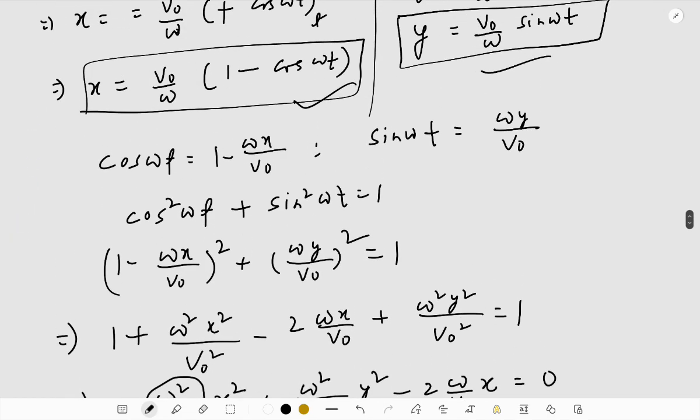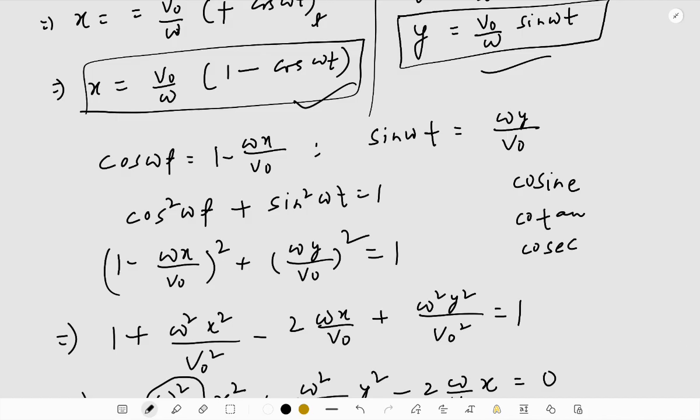In a uniform circular motion, the x component of the object is varying sinusoidally. Sine and cos are both sinusoidal functions. The basic three trigonometrical functions are sine, tangent and secant, and their co-functions are cosine, cotangent and cosecant. Sine and cos are convertible into each other, so both are sinusoidal functions.